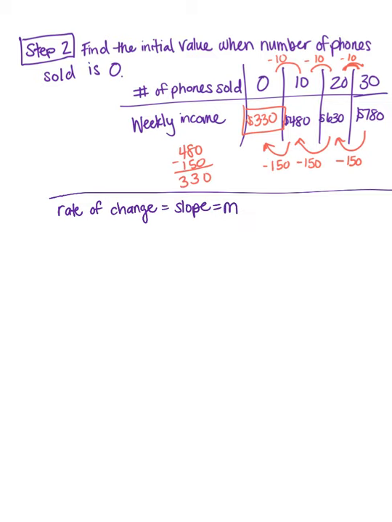And then the initial value, which in our example was her weekly income without any phones sold, just what she gets for coming into work. That's our initial value, which is also our y-intercept.